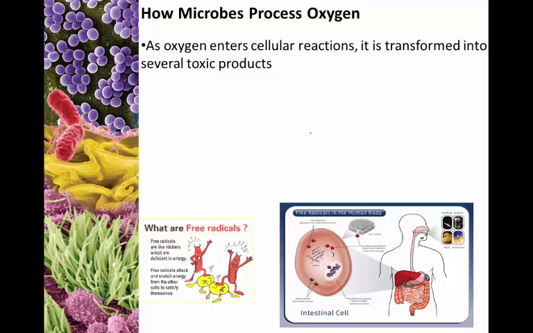As oxygen is metabolized within the cell, what's made from the oxygen, those byproducts of oxygen metabolism, are actually poisonous to our cells. So cells have got to have a way to deal with toxic oxygen byproducts. Now, I'm going to come back to this. Don't worry if you didn't write anything down. I swear I'm coming back.